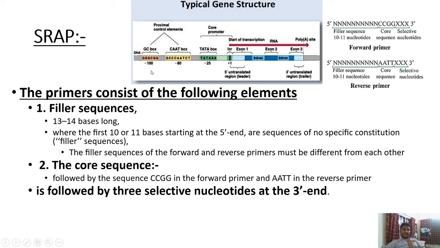So for the first cycles, you will get a lesser number of amplified products. And after these first cycles, you increase the annealing temperature. During that time, these forward and reverse primers may interact with these amplified products with high sequence specificity.